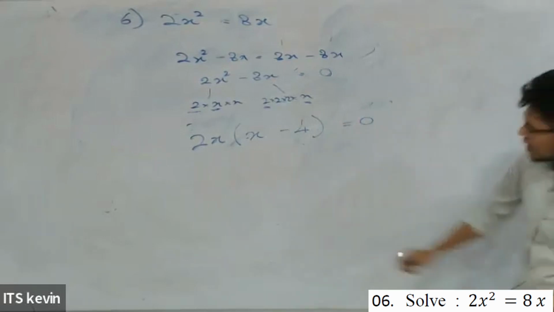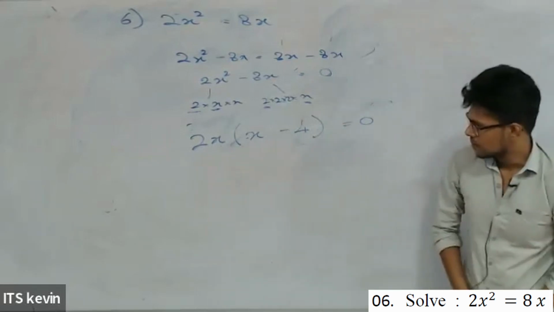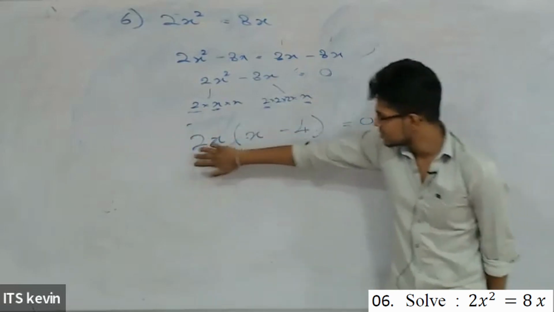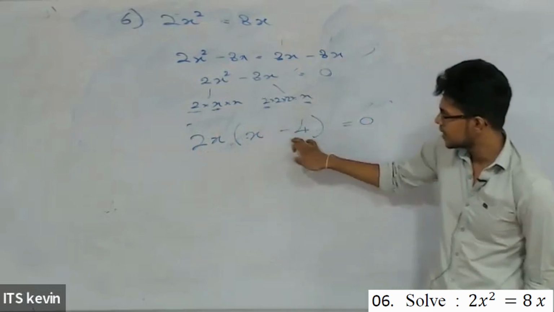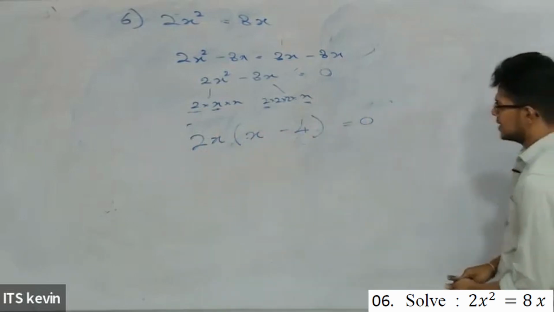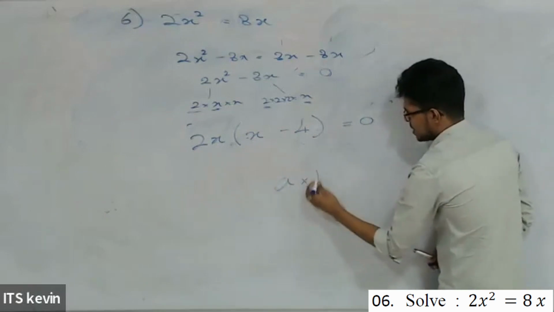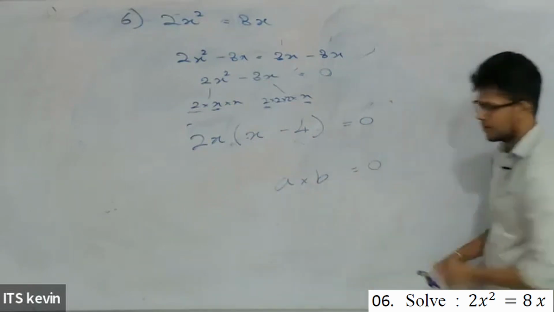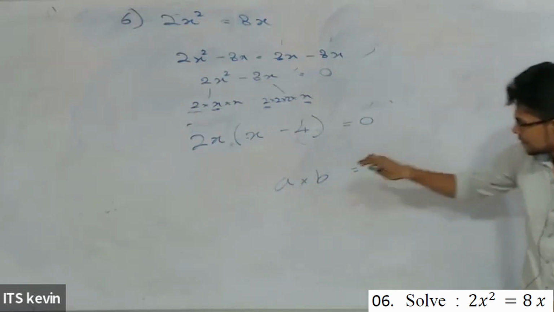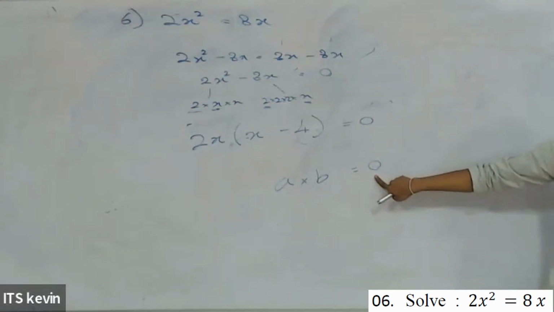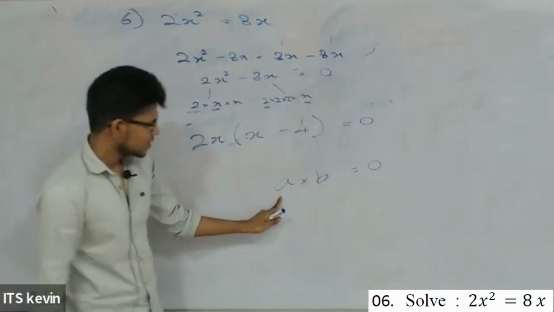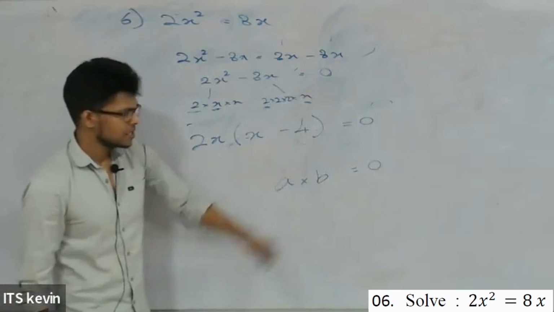Now here we have a multiplication: 2x times x minus 4. When you have two numbers, let's say a times b is equal to 0, then either a should be 0 or b should be 0.